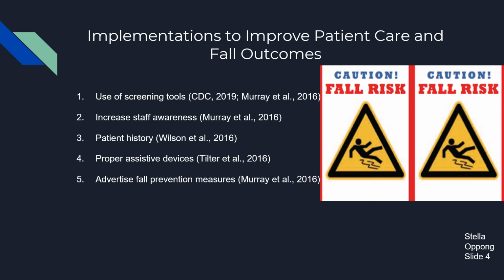The next point is to increase staff awareness through staff teaching with the use of evidence-based practice literature. This will help the staff to be abreast of new knowledge in clinical practice. Also, view patient history to know the factors that increase risk for fall.